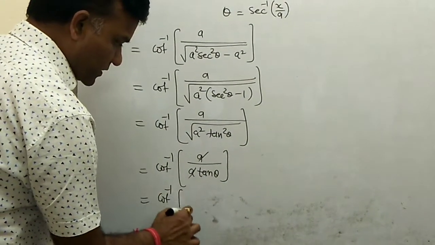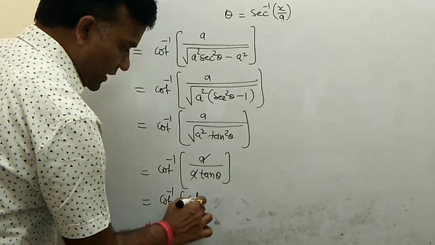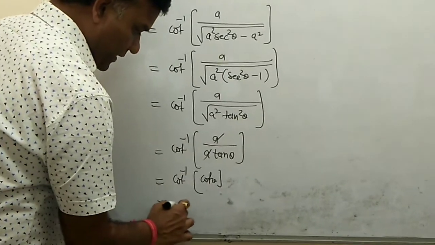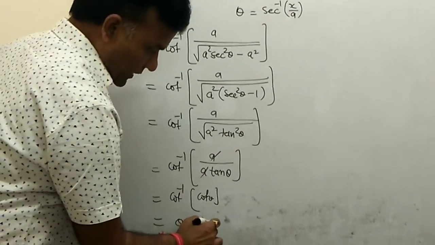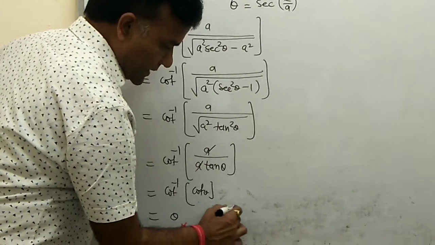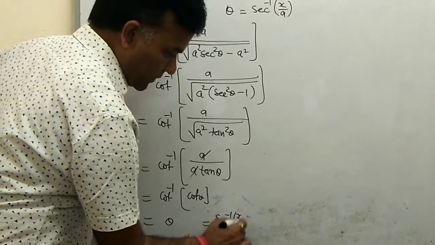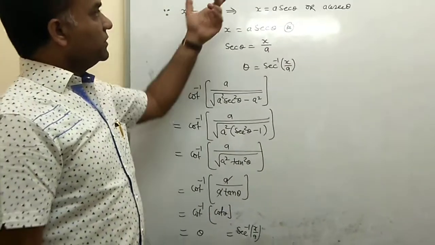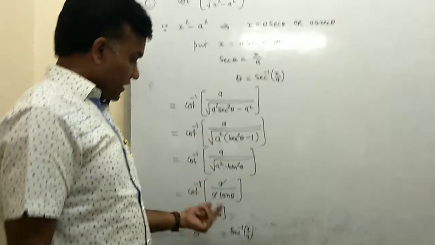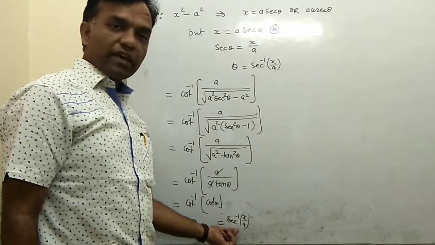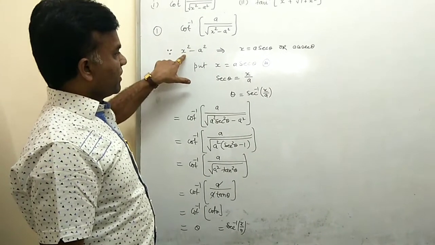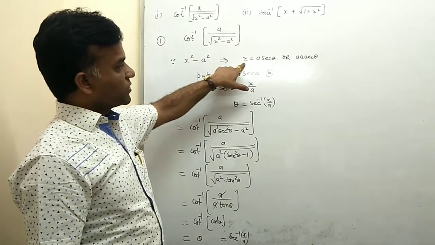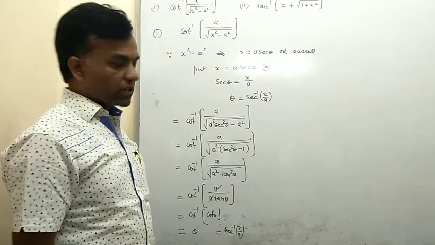Then cot inverse of 1 by tan is cot theta, so cot cancels out and we get theta, which is the value of sec inverse x by a. So this big expression is converted into the simplest form, sec inverse x by a. Only by substitution for x square minus a square, we got the simplest form.